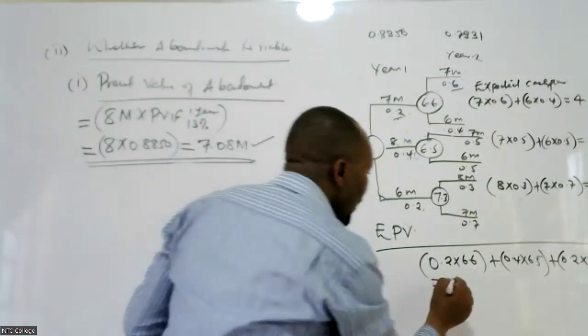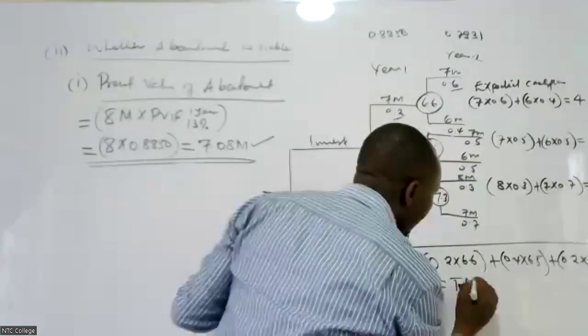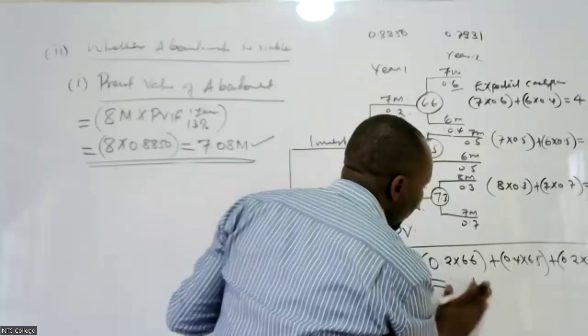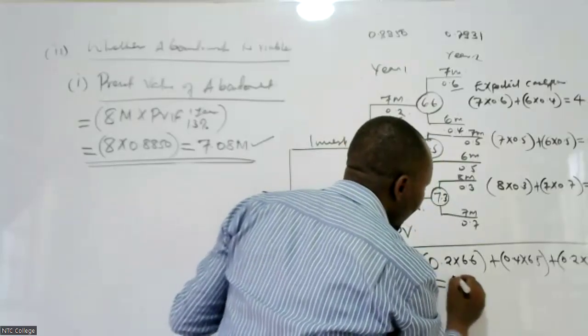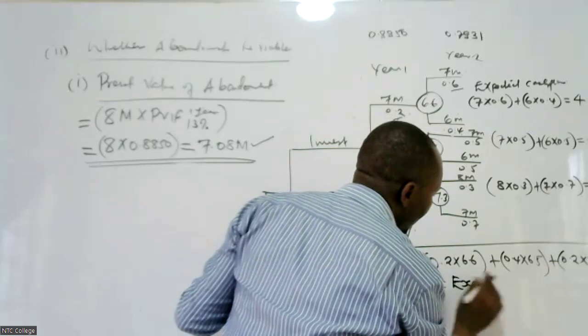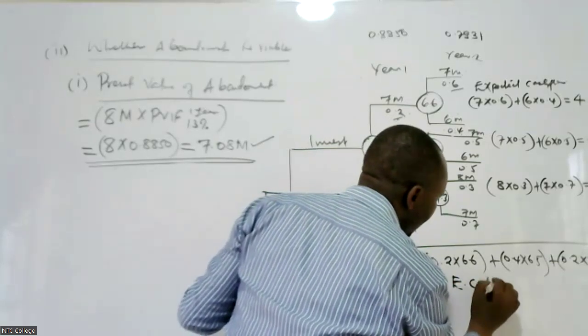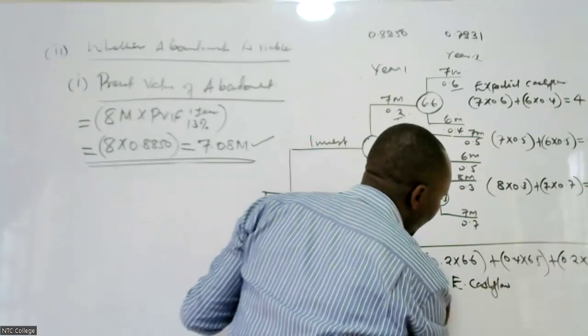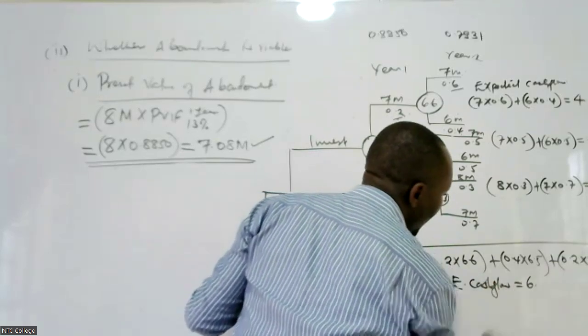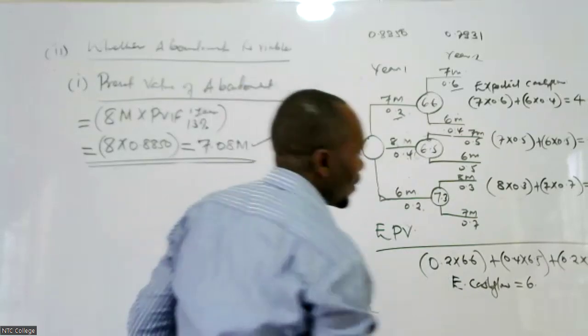So that is the total expected. Or we just call it still expected cash flow. Expected cash flow is giving you 6.84.